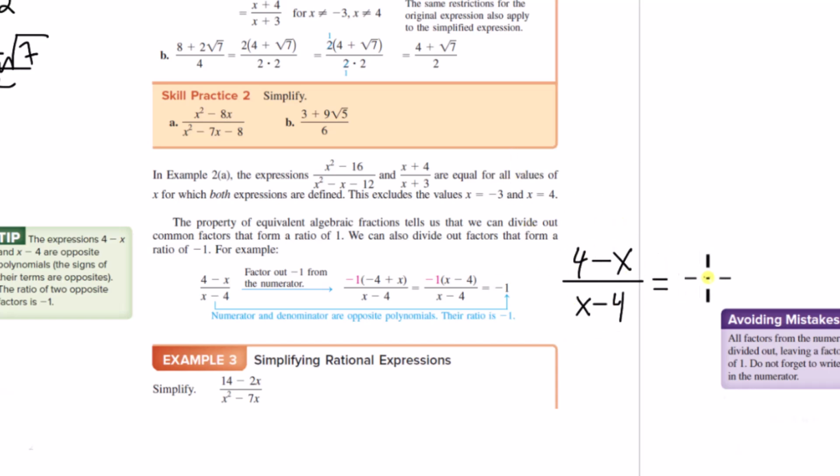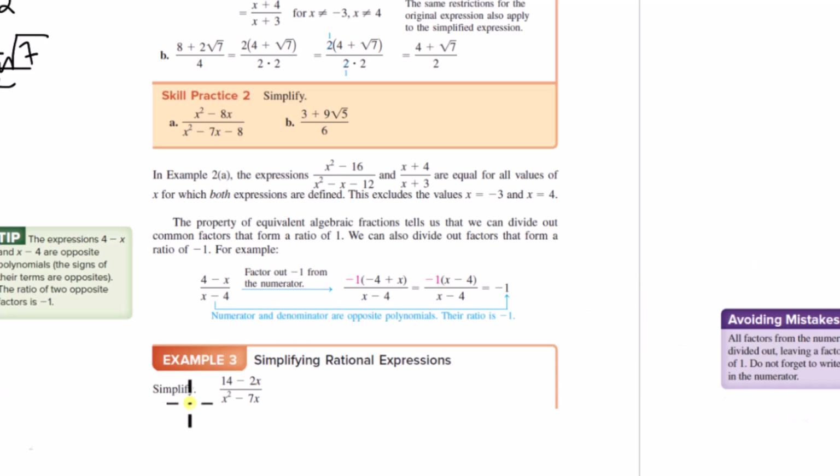But you can take out a minus here and you get x minus 4. There we go, minus 1. So you want to recognize factors that only differ by a minus 1, and you'll get the same factor.